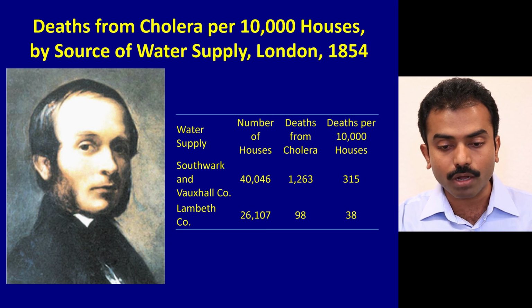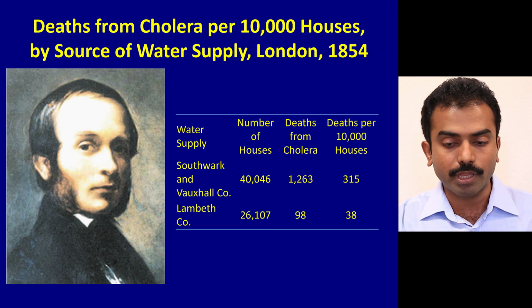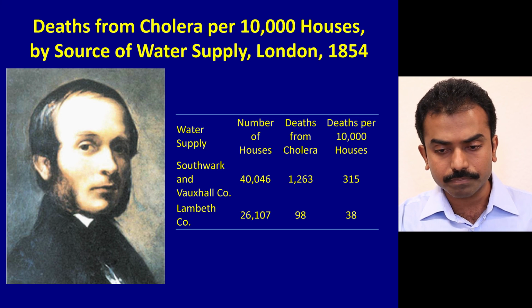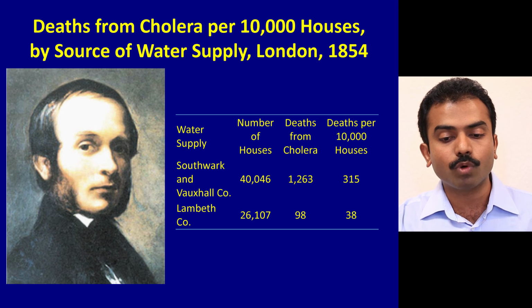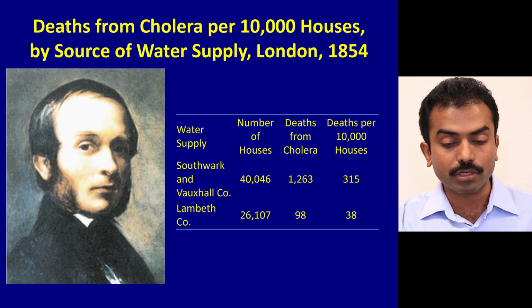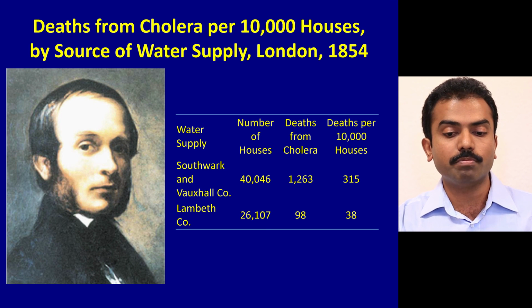One was the Southwark and Vauxhall company, and the other one was the Lambeth company. And if you look at the deaths from cholera here, you find that the death rate per 10,000 houses was 315 in Southwark and Vauxhall company, as compared to Lambeth company, where it was only 38 deaths per 10,000 houses.